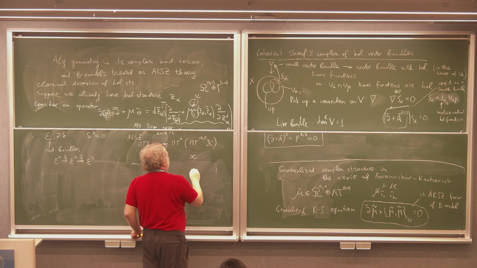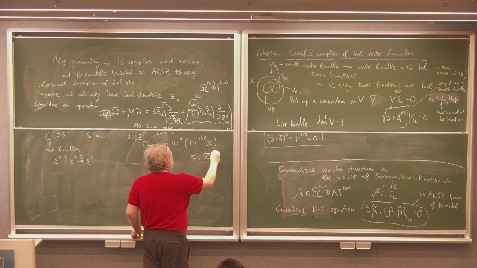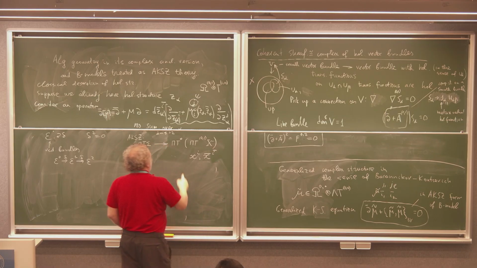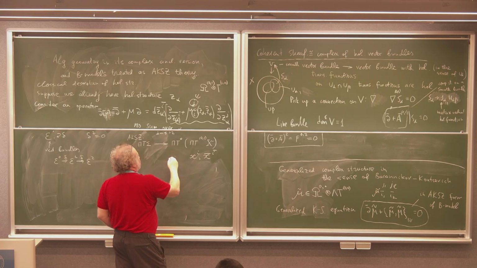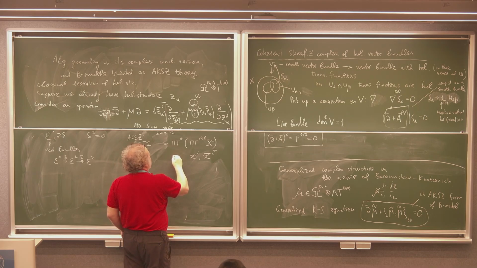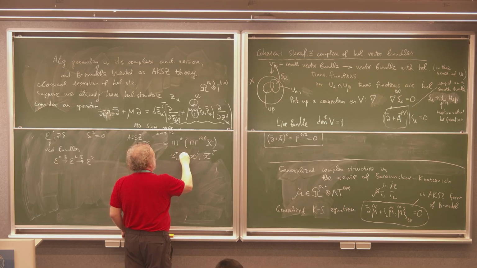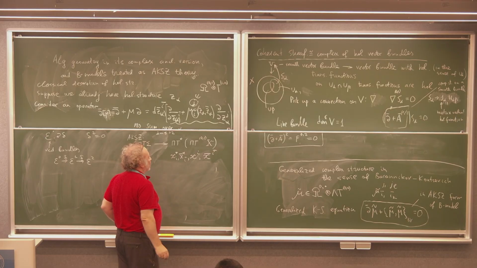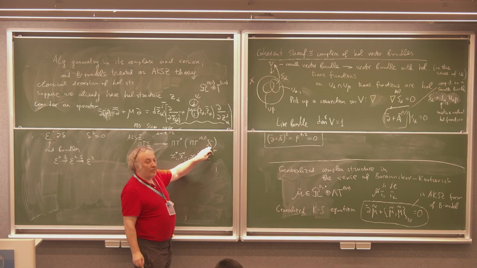I have coordinates x, holomorphic coordinate, I have anti-holomorphic coordinate. I have PT star to them. So this would be, would I have only complex manifold X here?